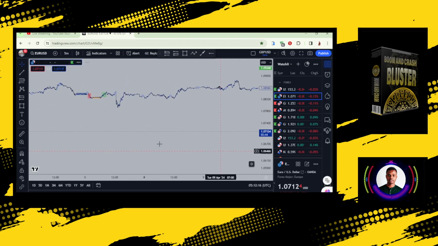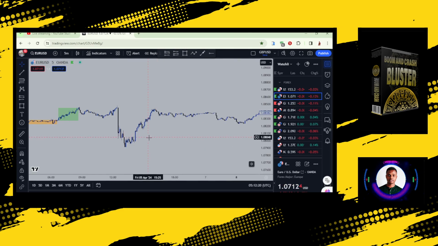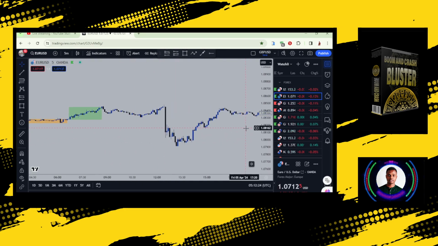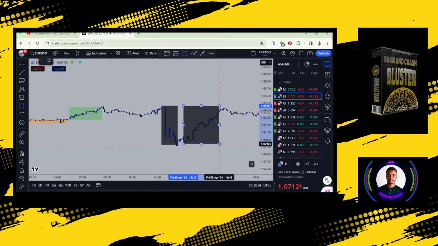So this is a good example showing you why I'm saying the market loves to come back to close these gaps. Look at what happened right here. I've seen this a lot of times, and if you look into the market, you will see this happening. If the market makes a sudden move, a very big move which happens very fast, most of the time the market will come back and close that.